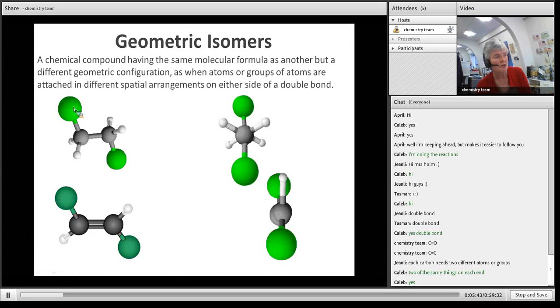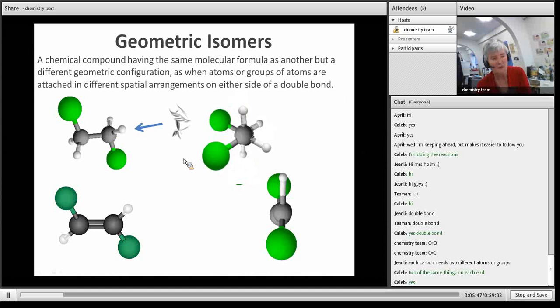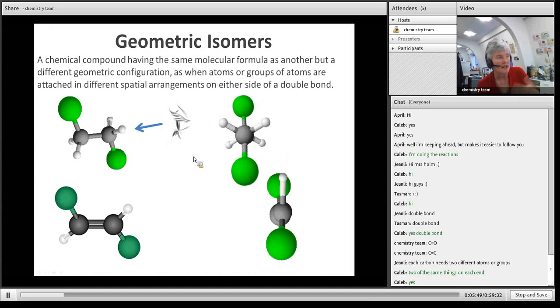So if I look end on like that and I spin the bond, can you see each time I'm going to get the same molecule? That bond can rotate. Single bonds can rotate, and we get back to the same substance.